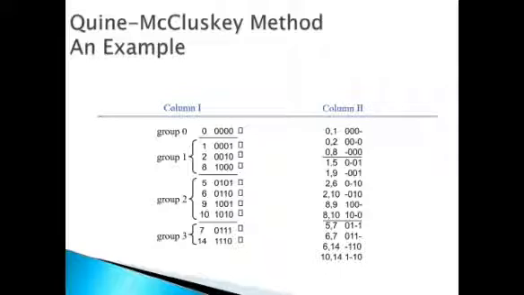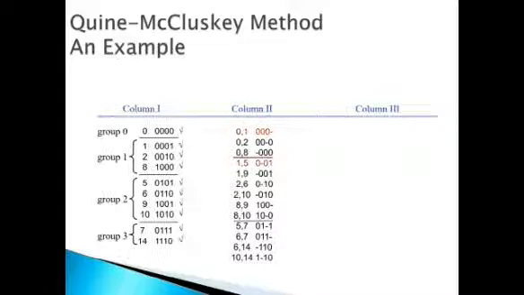Now there are 3 groups in column 2. Like the previous one, we will compare each group with the other group, and we will place the combinations in column number 3.